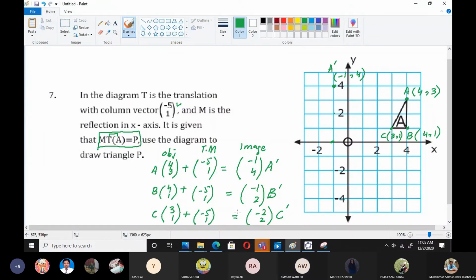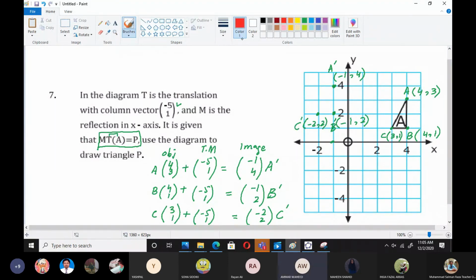Now if I go to B, (-1, 2): minus 1 is this, and minus 1 and 2 is this part. So I am going to write it like this, (-1, 2), and I'll name it B bar. And (-2, 2) is here, and C bar is there.